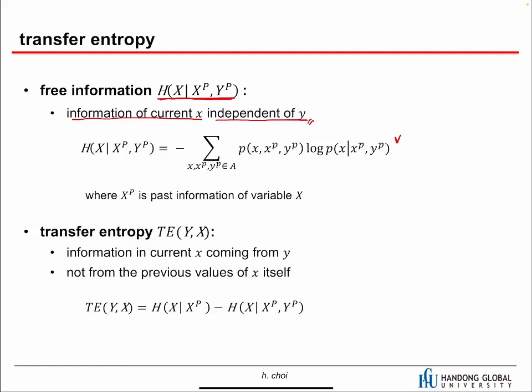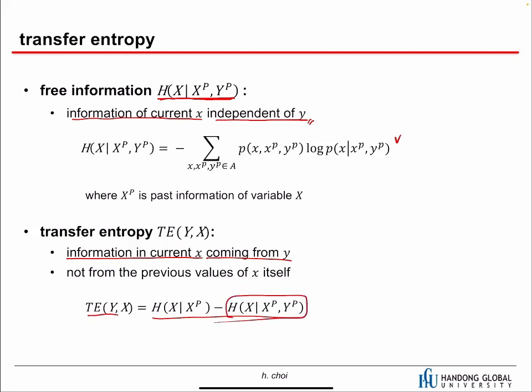And transfer entropy measures the information in current X coming from Y. So transfer entropy can be defined in this way. H of X given XP means only when the past of X is known, how much information we have from X. And we subtract this entropy.